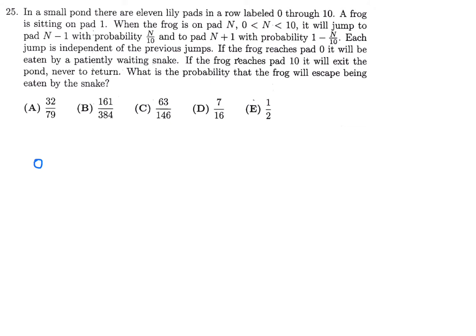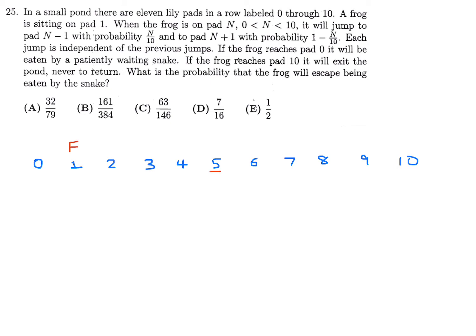So we have pad 0, 1, 2, all the way up until pad 10. A really helpful thing to realize in this question is that the frog starts at pad number 1.